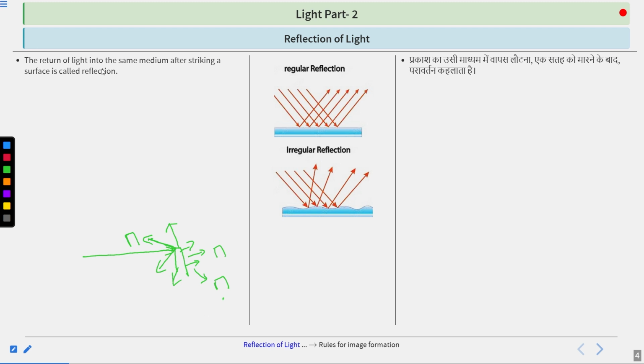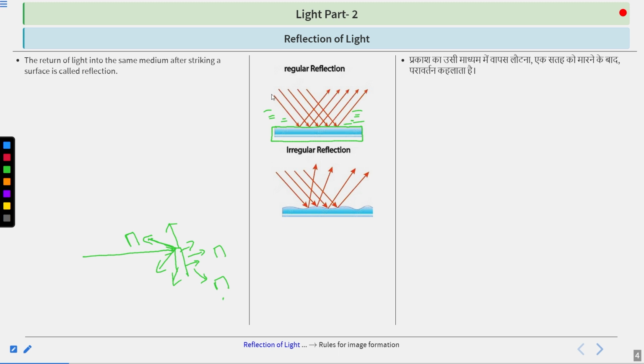So the return of light into the same medium after striking a surface is called reflection. Remember, reflection is the return of the light into the same medium. For example, here you can say this is a solid medium. Here we are assuming an air or gaseous medium.